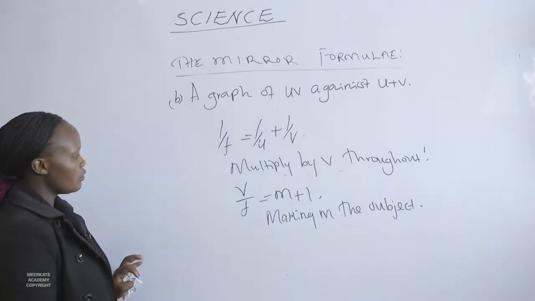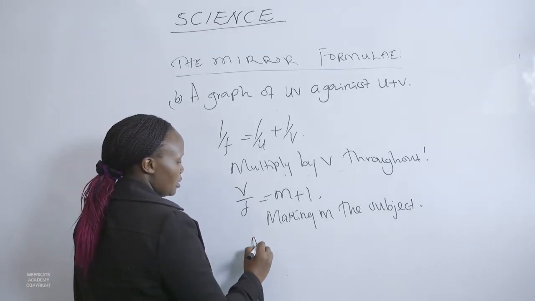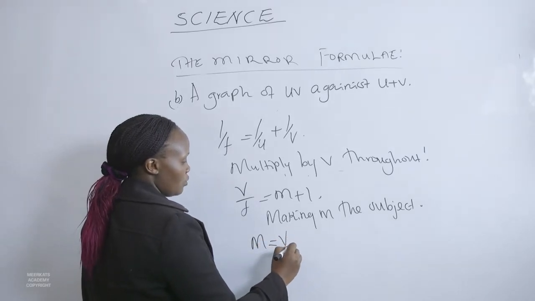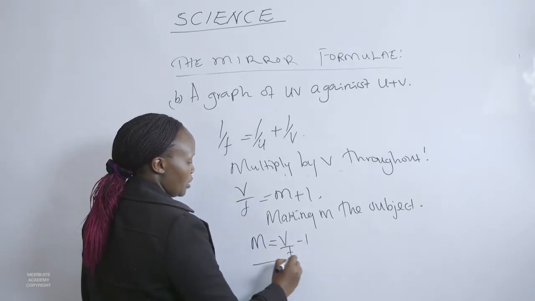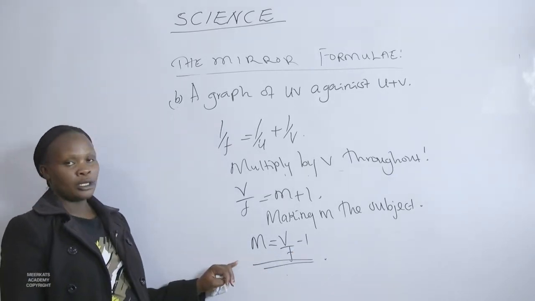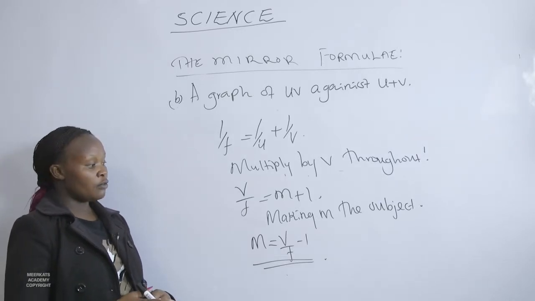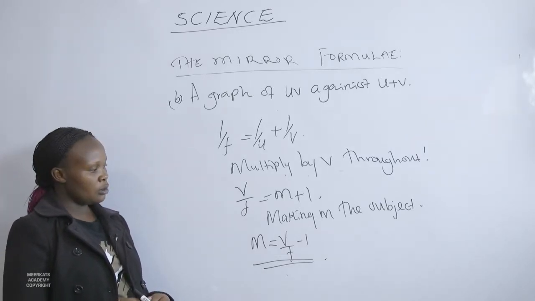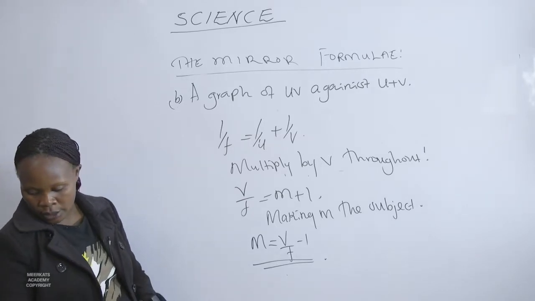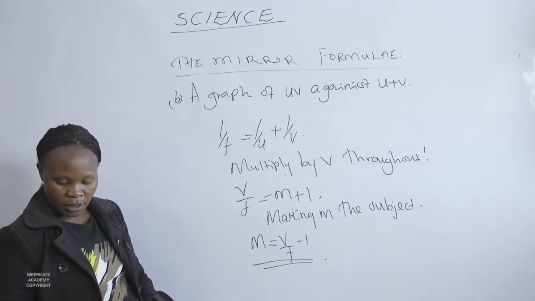Making M the subject of the formula, we subtract 1 both sides, so that now we shall have V over F minus 1. So from the mirror formula, we again can come up with an expression of magnification, which is given by V over F minus 1.